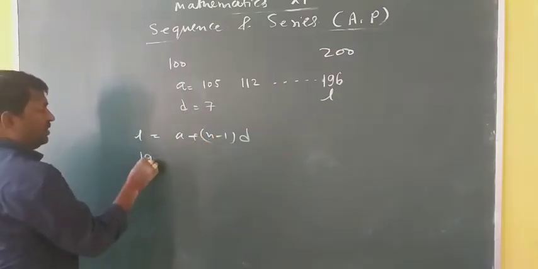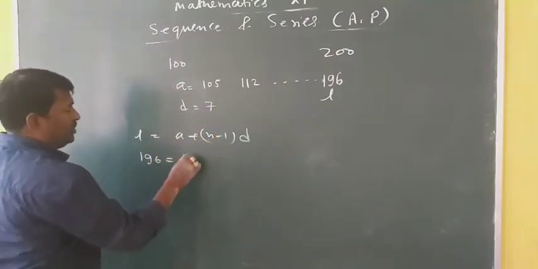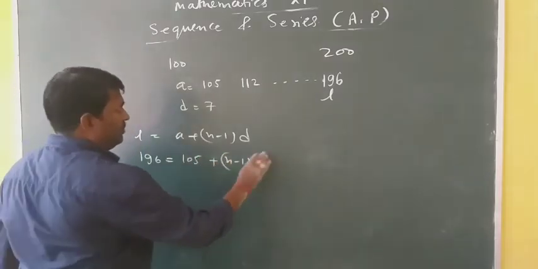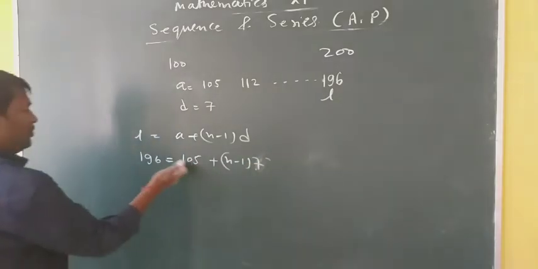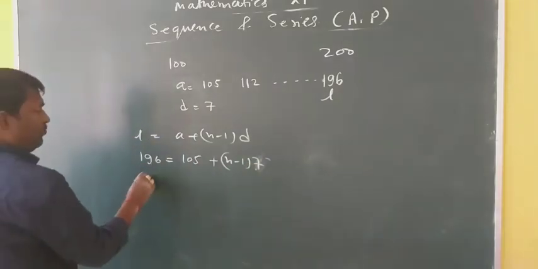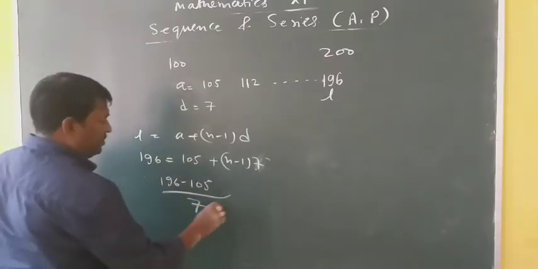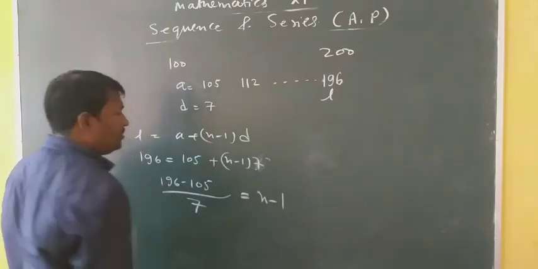l is 196, a is 105 plus n minus 1, d is your 7. So 196 minus 105, divided by 7, will be equal to n minus 1.